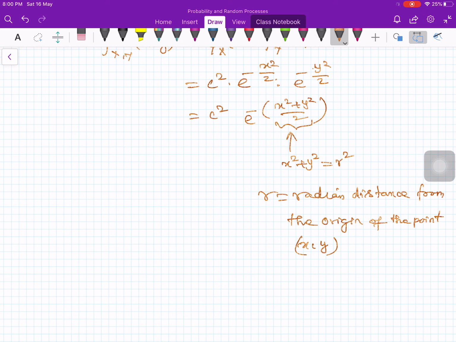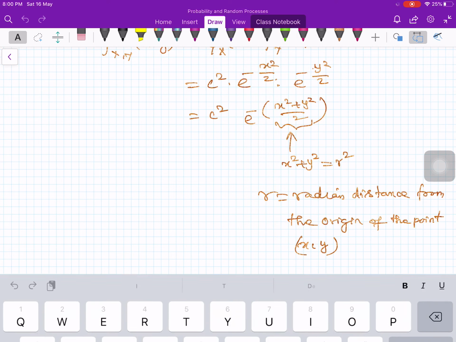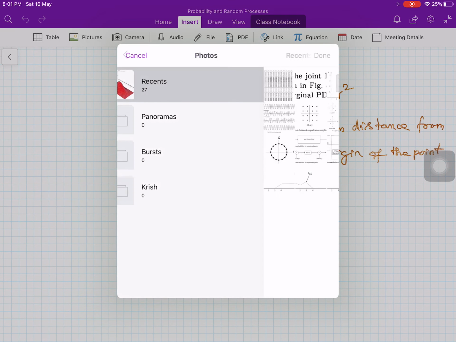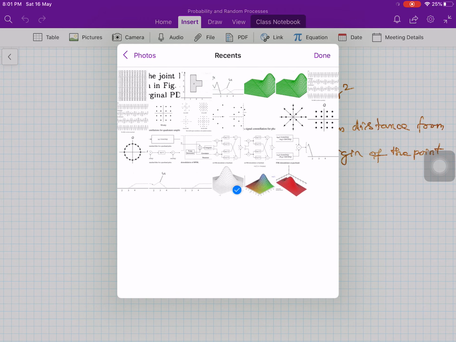So this makes the graph of this joint density a round bell shaped surface over the x comma y plane with a cross section proportional to the standard normal curve. So let me show you this picture. Insert pictures. Done.